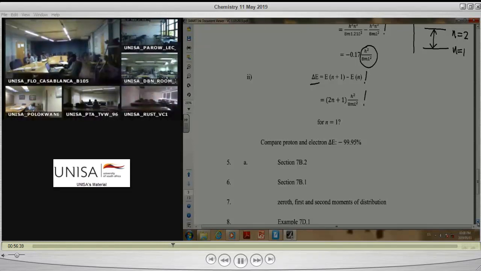Okay? So now, all we need to do is, let me say first, let's take the electron. We put the mass of the electron. We could have put 1 there, because for a factor of 2000, we simply multiply m by 2000.